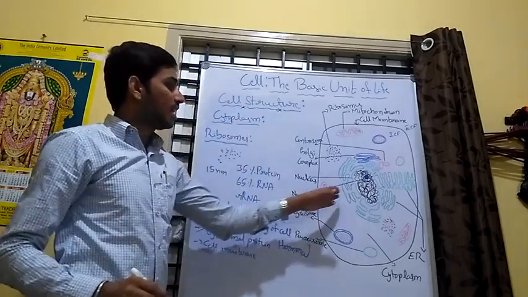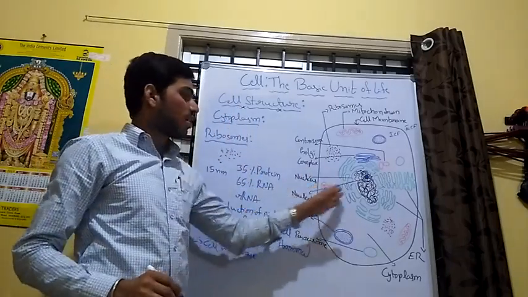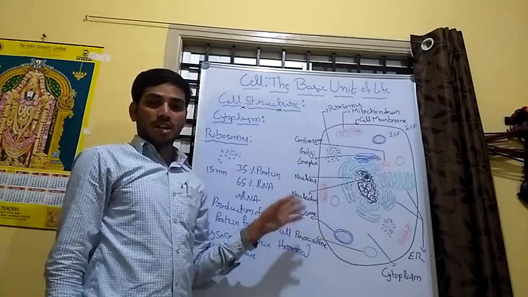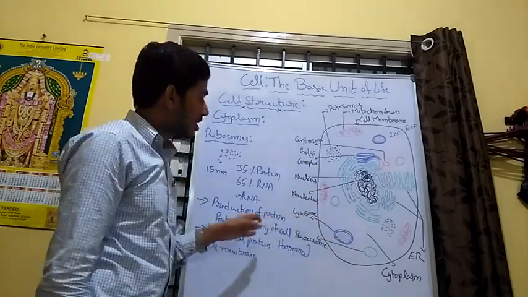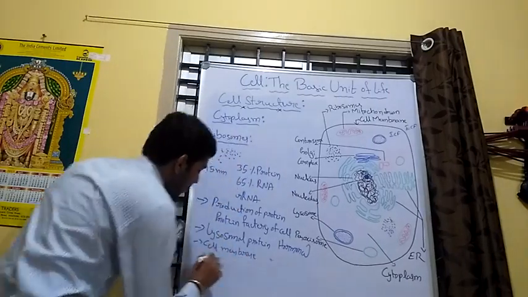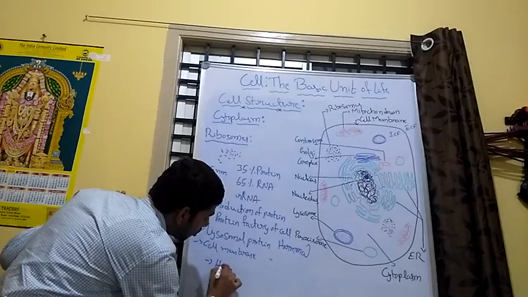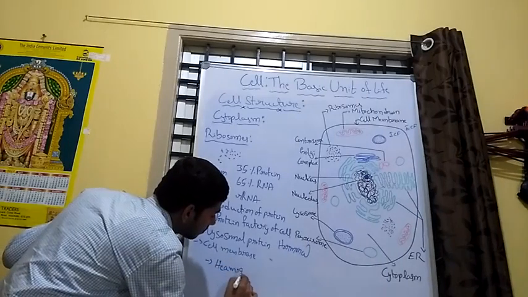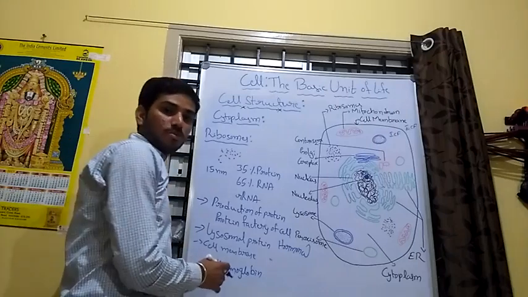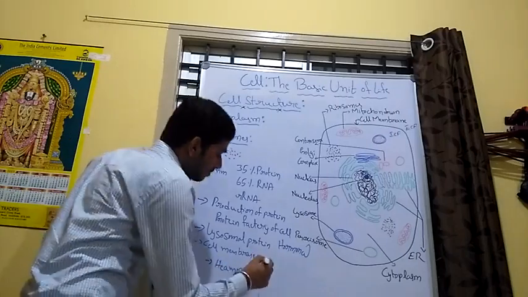The freely flowing ribosomes are responsible for the production of proteins in hemoglobin and peroxisomes.